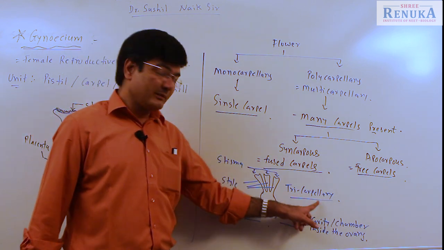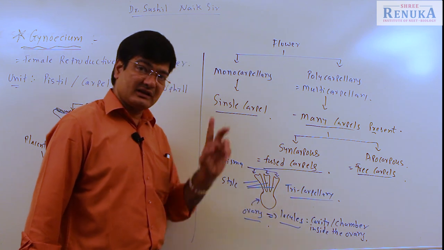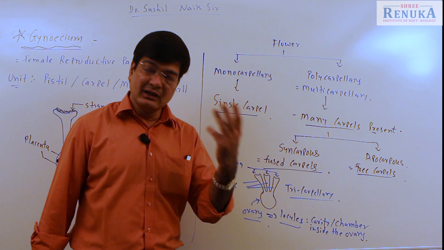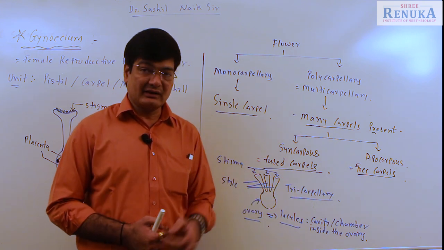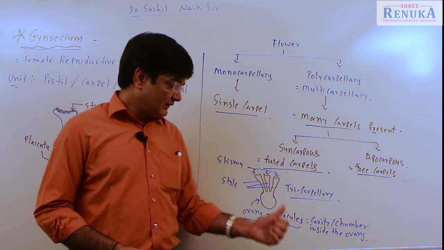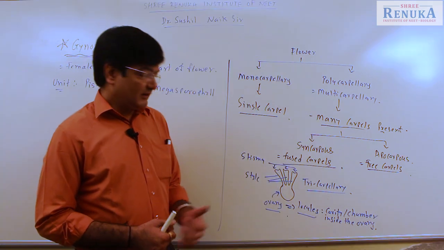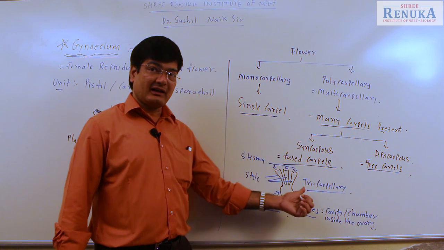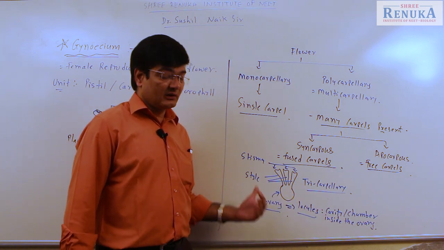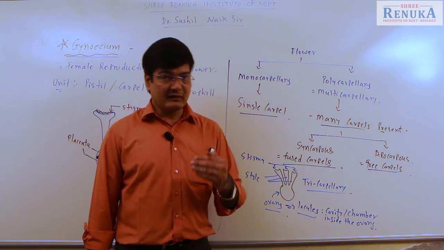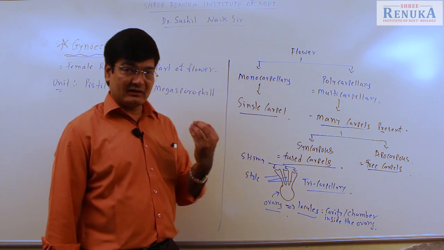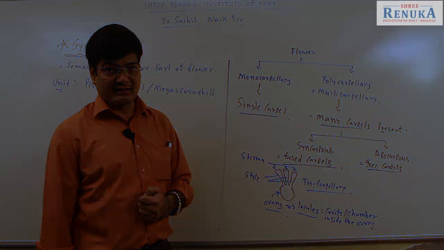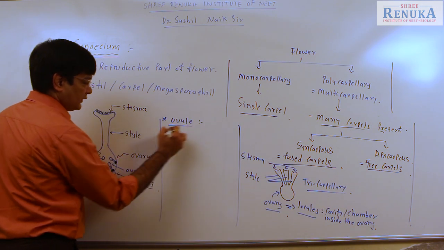As it is tricarpellary, 3 carpels or 3 pistils are present. So in this condition, the ovary has 3 locules inside it. So it is a trilocular kind of ovary. In the exam, you might be asked that if the flower is tricarpellary, how many locules or chambers are present in the ovary? Or if the flower is pentacarpellary, meaning 5 carpels, how many chambers or locules are present inside it?